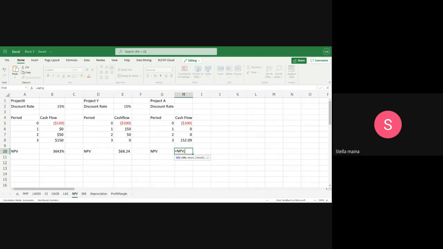So the discount rate is still the same, 15%.